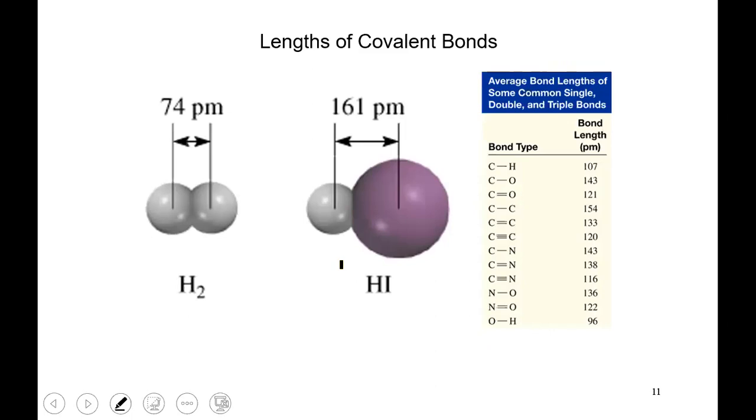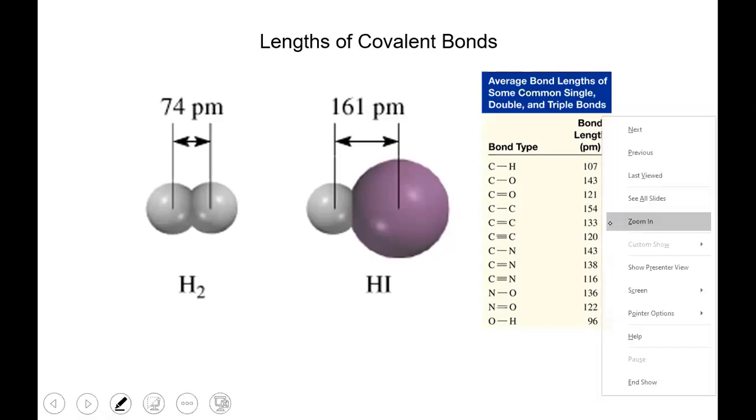But if it's a single bond with iodine, the length of that bond is 161 picometers because iodine is a much larger atom. You can see the table here on the right. It shows you different bonds of carbon, nitrogen, and oxygen. And you can see that they're different sizes. Not only that, but there's a pattern you can see here which has to do with single, double, and triple bonds.